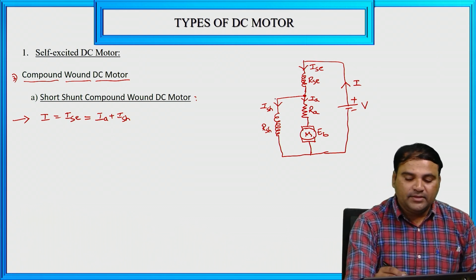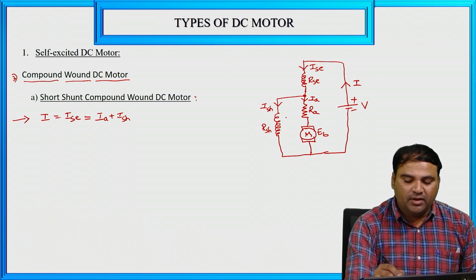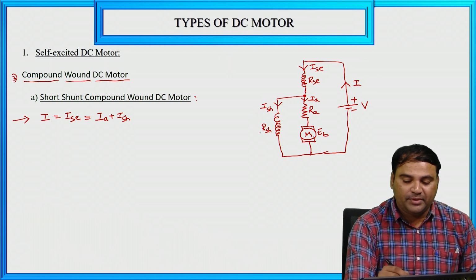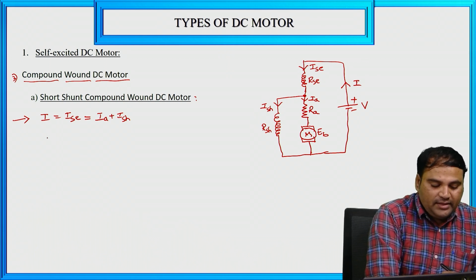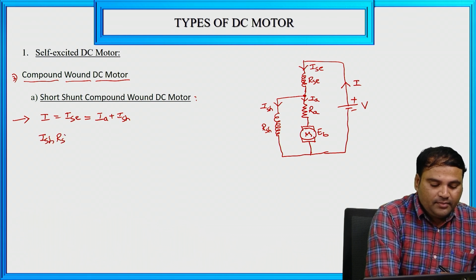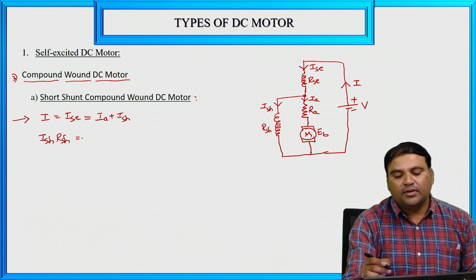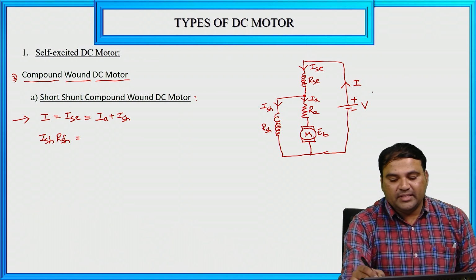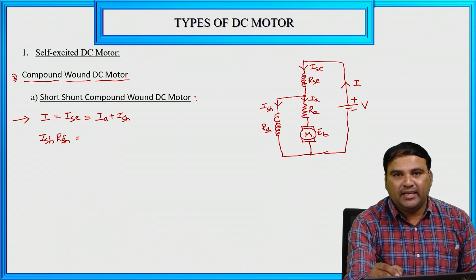Okay. So see, the voltage drop in this branch is ISH RSH, equal to voltage drop in this branch, that is V plus ISC RSC.